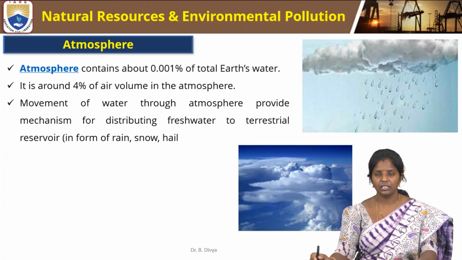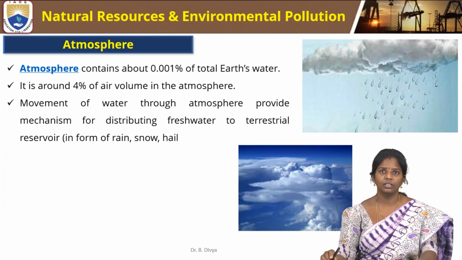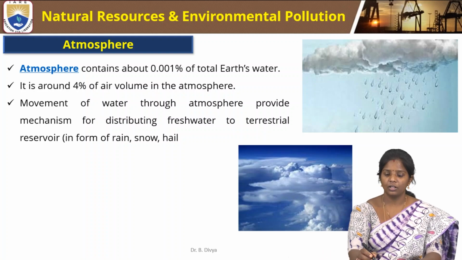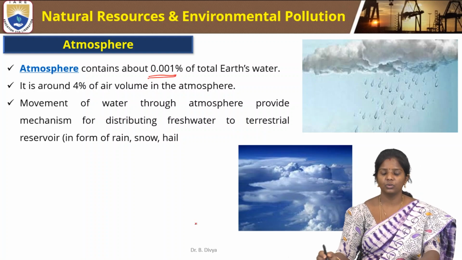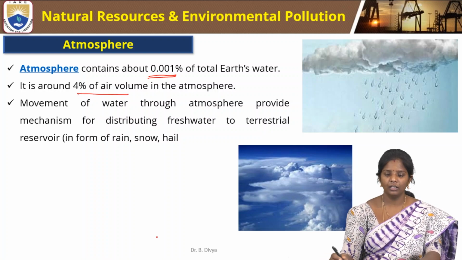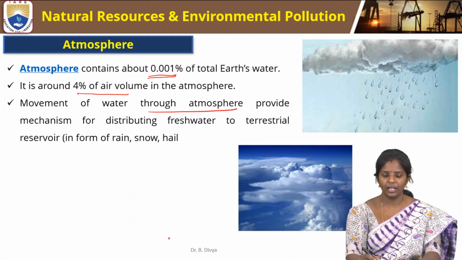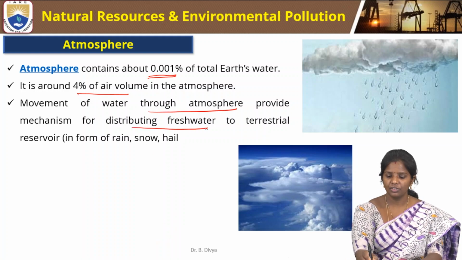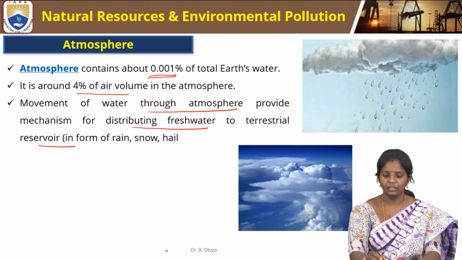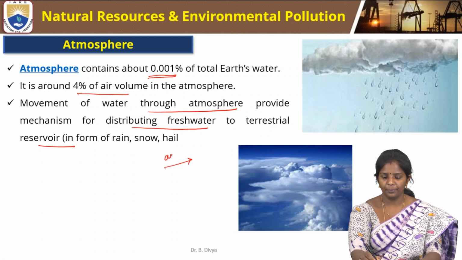The atmosphere is again a form of water, which is about 0.001% of the total Earth's water, around 4% of air volume in the atmosphere. The movement of air through the atmosphere provides a mechanism of distributing fresh water to terrestrial reservoirs. The water due to rain travels through the air.